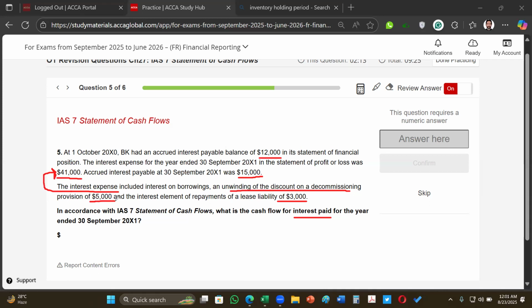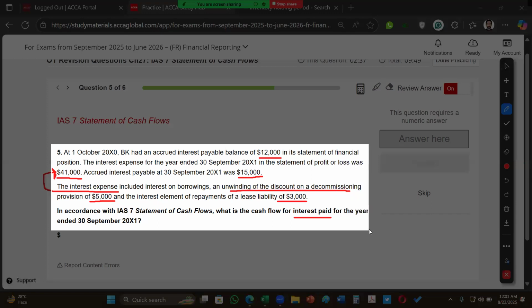I hope you understand one thing, that the unwinding related to the decommissioning is not related to cash, but it is charged here. It is part of this. So we need to reduce this interest expense. This interest expense should be 36,000 if we take away this 5,000. Okay. So I hope this point is clear, and if you understand this point, then we can easily understand this question.